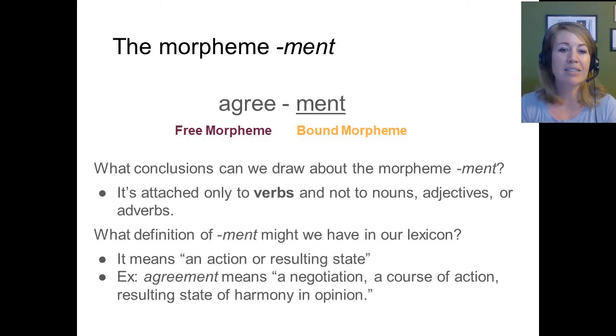Well, it basically means an action or resulting state. Okay? So it's describing an action or a resulting state. Agreement, therefore, means a negotiation or a course of action resulting in a state of harmony in opinion. Okay? So this is why it's a noun. It's the resulting state of something.